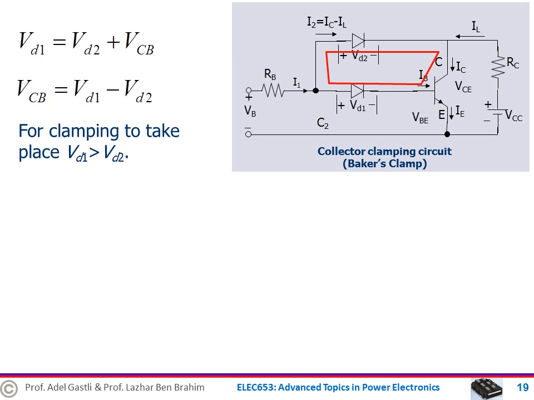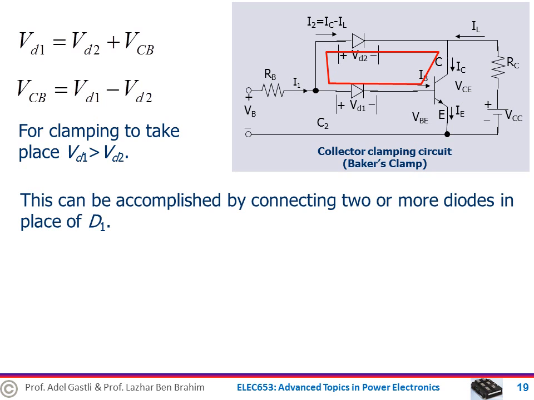For clamping to take place, VCB must be positive, which means that VD1 must be bigger than VD2. This can be accomplished by connecting 2 or more diodes in place of D1. That will result in a higher voltage drop inside the series connection of the diodes in D1, more than the voltage drop that is in one diode VD2.